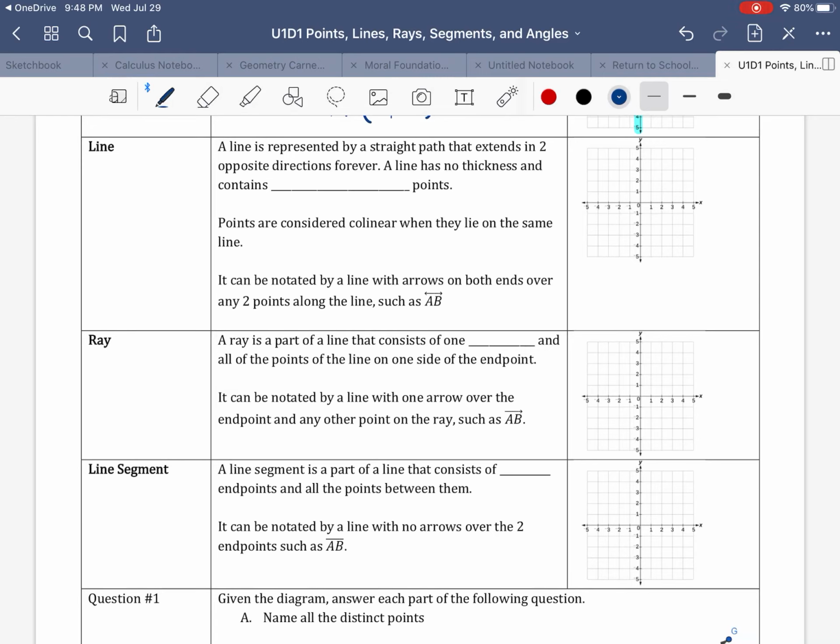And will also be different from maybe a definition you learn about in your art class. So it's kind of important to be able to understand that the same word might have 2 or 3 definitions. So in math, it talks about a straight path and it goes in opposite directions forever. It has no thickness and it contains an infinite number of points.